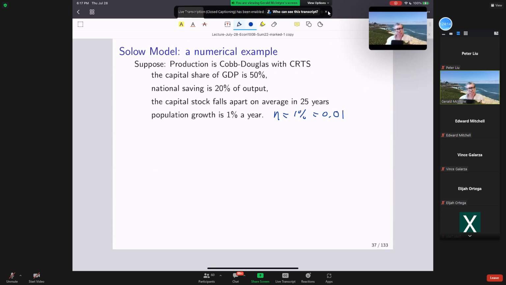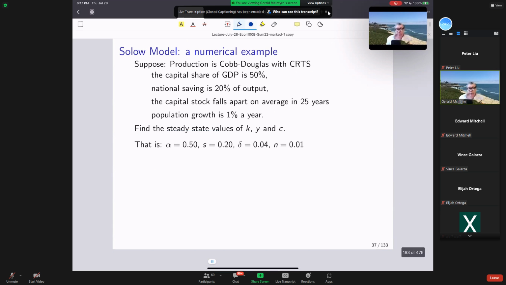So each of these is being given, and then we can put this together. Find the steady state values of K, Y, and C. Putting these together, we have the following. Alpha is 50%. The savings rate is 20%. The depreciation rate is 4%. And population growth is 1%.